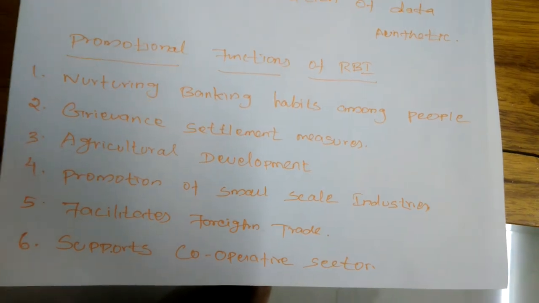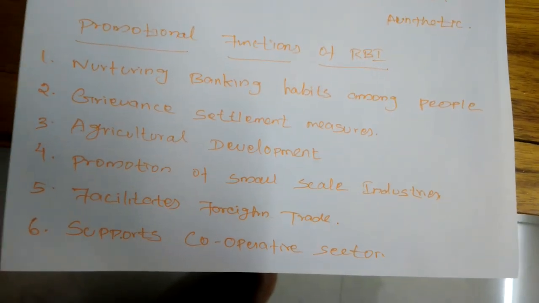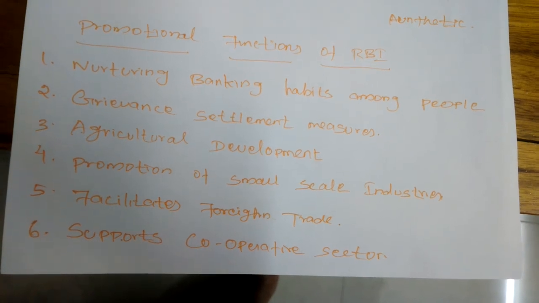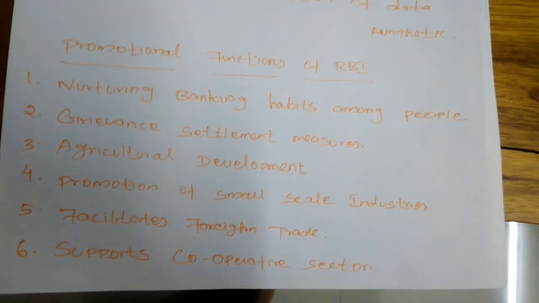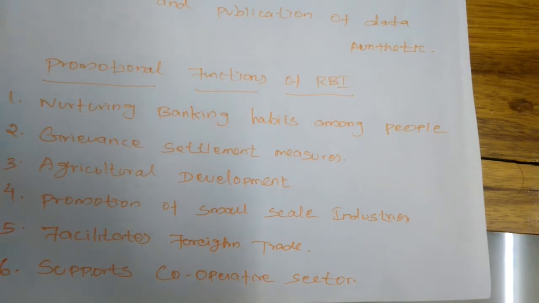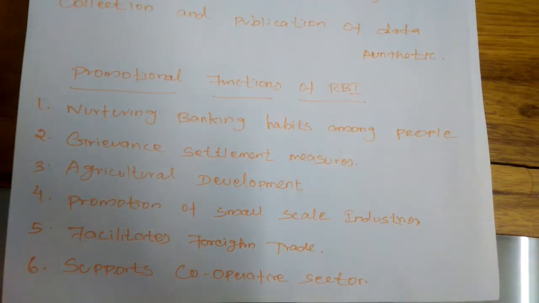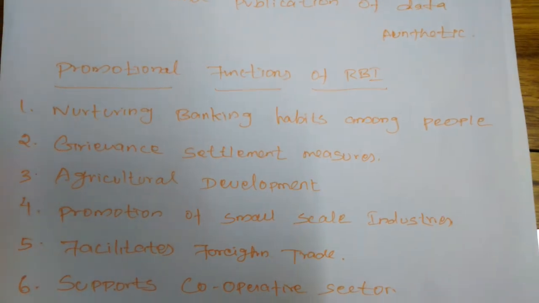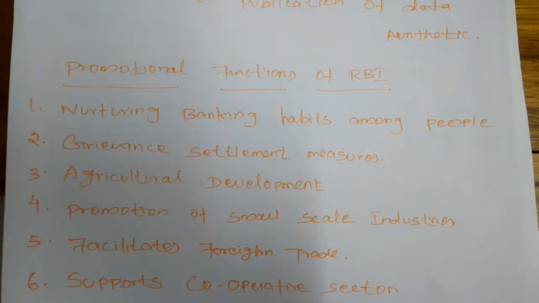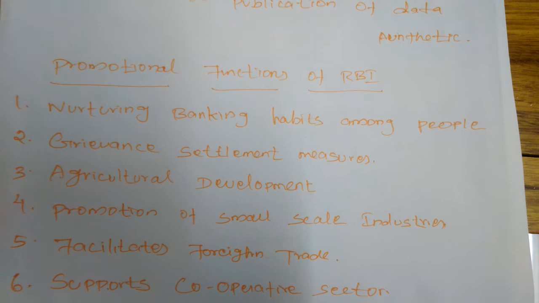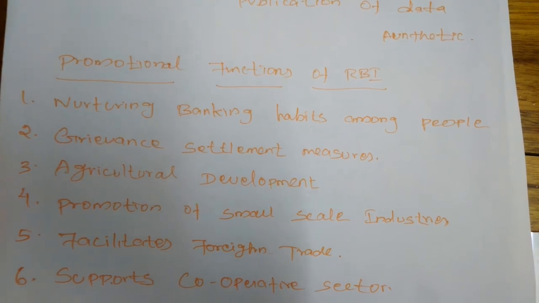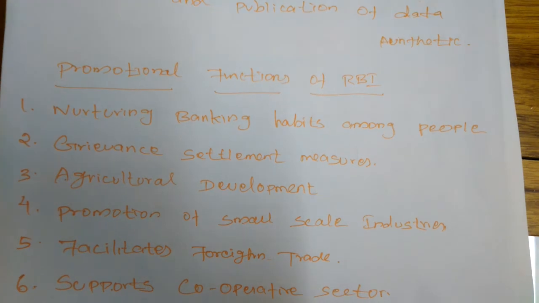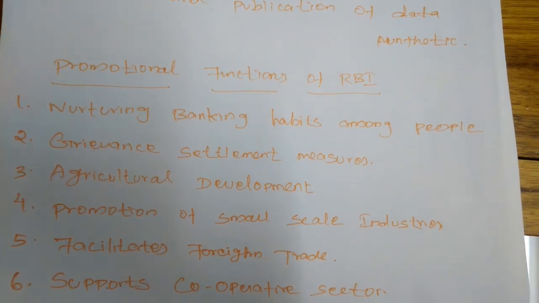Next, agricultural development. The agricultural industry is specified as a priority sector by the RBI. Even though our nation gives more importance to the industrial sector, the agricultural sector also has to be focused on. So on behalf of the government, the Reserve Bank of India provides many facilities, concessions and subsidies to agriculture and the farmers.